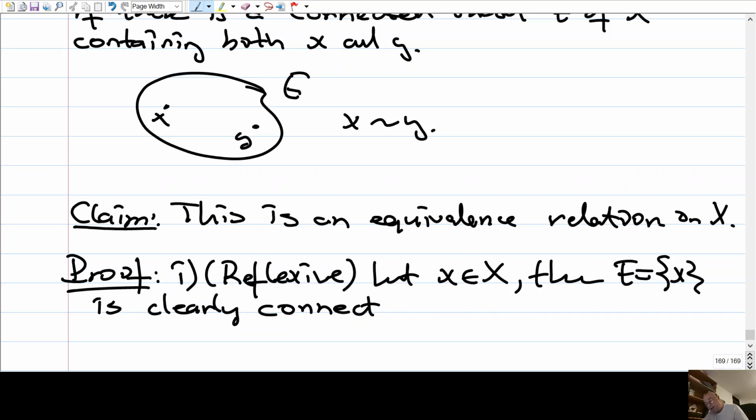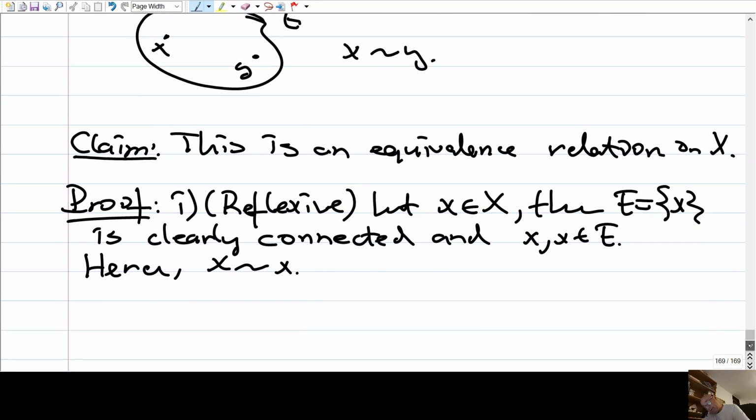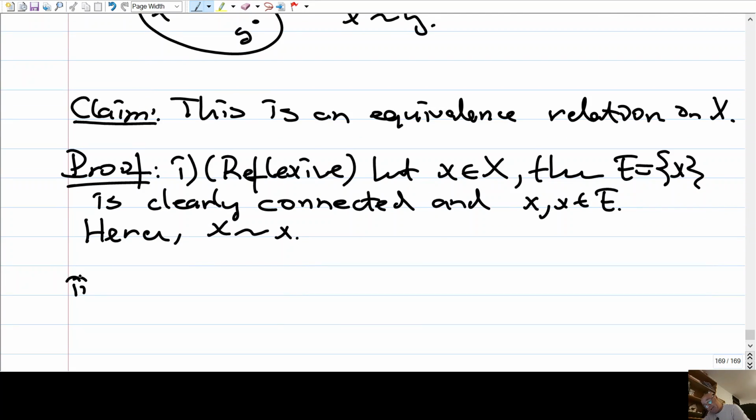You cannot write a one point set as the disjoint union of two non-empty subsets. E is connected, and both x and x belong to E, hence x is related to x. Symmetric, this is a symmetric relation.